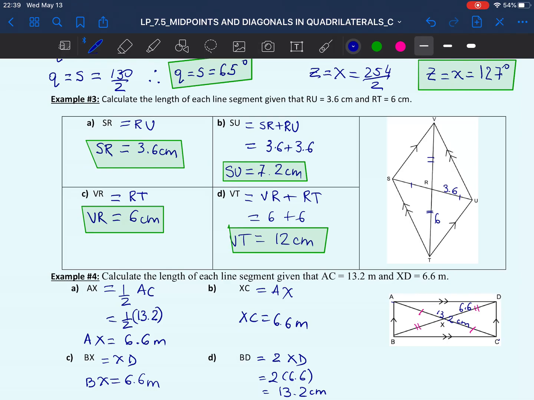So when you think about it, we have some quite interesting findings here: 6.6, 6.6, 6.6 again, and BD is 13.2 right here.